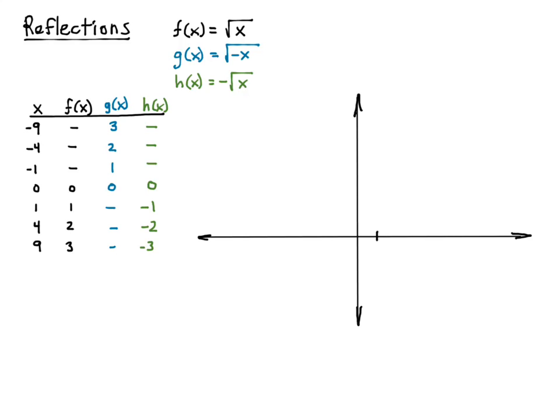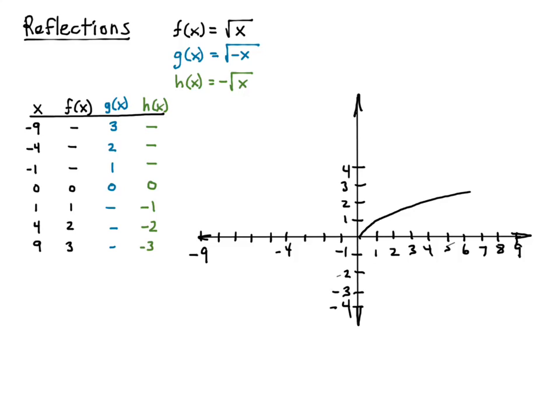So what that's going to look like then is the basic function is just going to be that curve like we saw earlier. Now g at x is going to look like this.